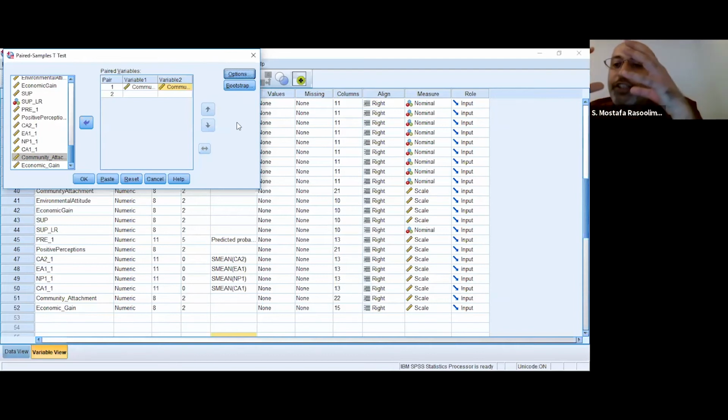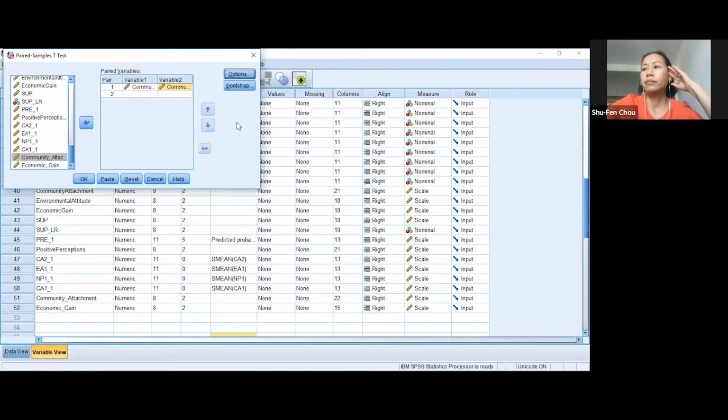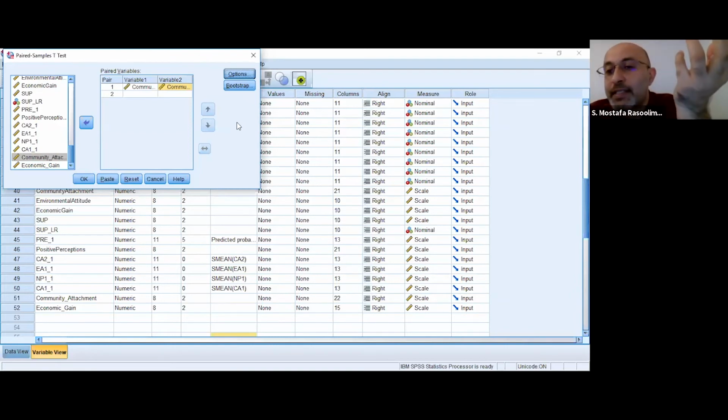Bootstrap: for the different types of t-test, one sample, paired sample, and independent, we need normality. So our data should be normal to be able to use these t-tests, because they are parametric t-tests. Normality is a requirement.